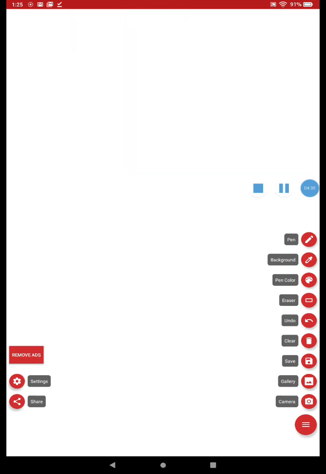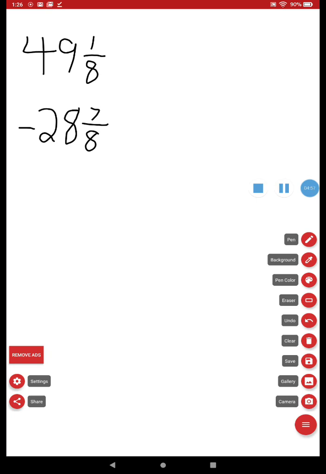All right, so here's a big one. We're going to say 49 and 1/8. Subtract 28 and 7/8. All right, they have a like denominator.